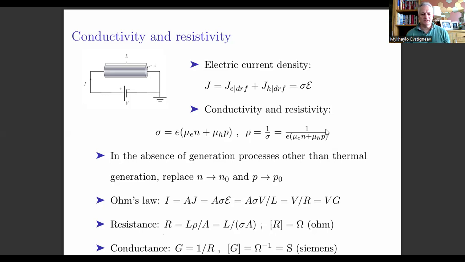The inverse resistance is called the conductance. Resistance is measured in ohms. Conductance is conductivity sigma times cross-sectional area divided by the length. Conductance is measured in Siemens. Siemens is inverse ohm.